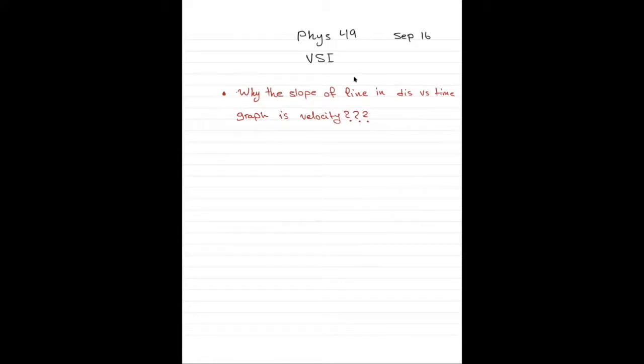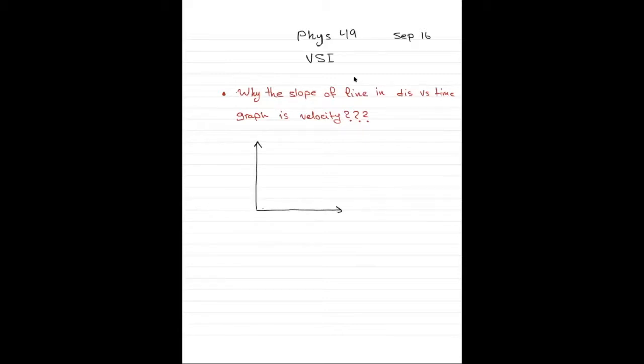So the first idea that we're going to go over is why the slope of the line in a distance versus time graph is velocity. We all know how the distance versus time graph looks. We have the y-axis and the x-axis.